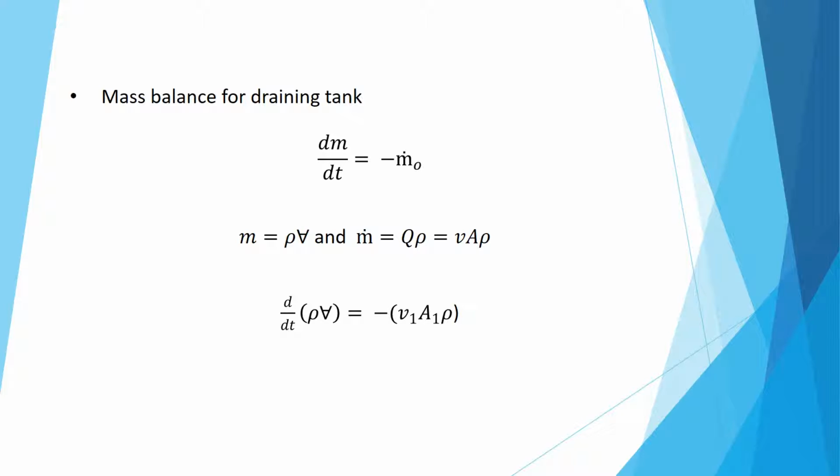Substituting these equations into the differential mass flow equation, we get the change in density times volume with respect to time is equal to negative velocity times the cross-sectional area at the orifice times the density.